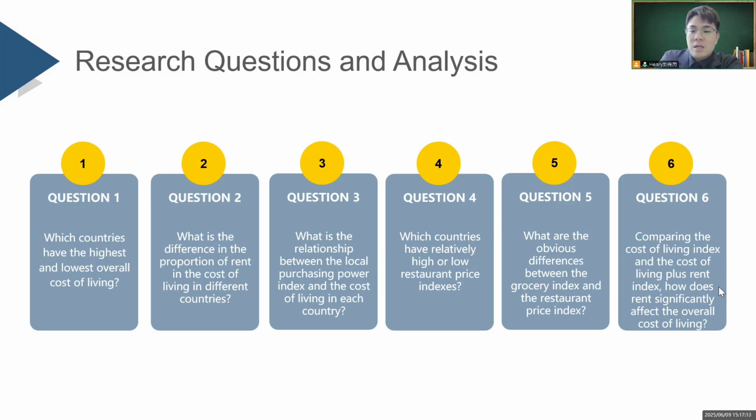These questions help us understand both the regional differences and how each factor plays a role. In the next part of our presentation, we will walk you through our dashboard visualization and show our findings and recommendations. Thank you.